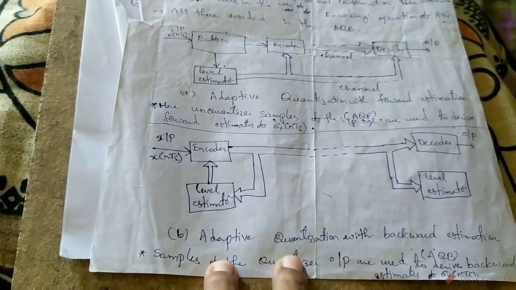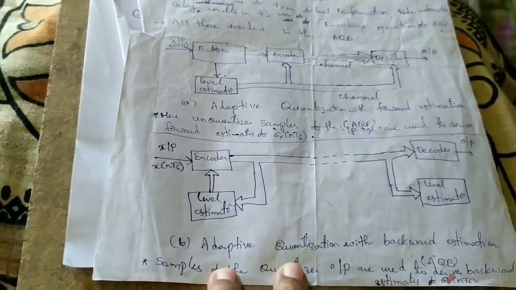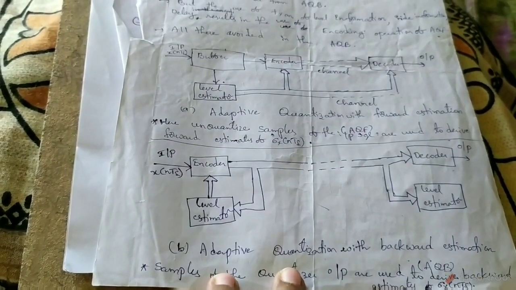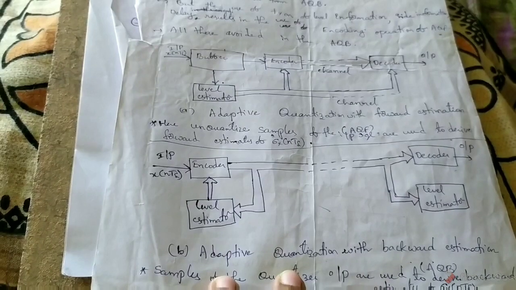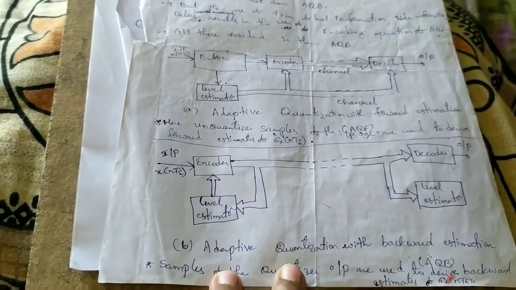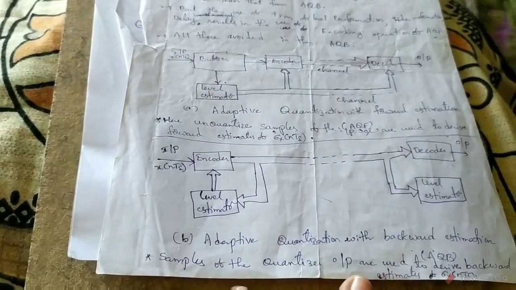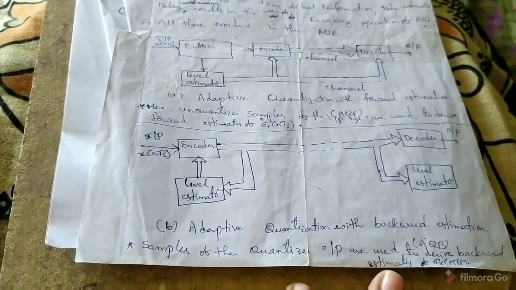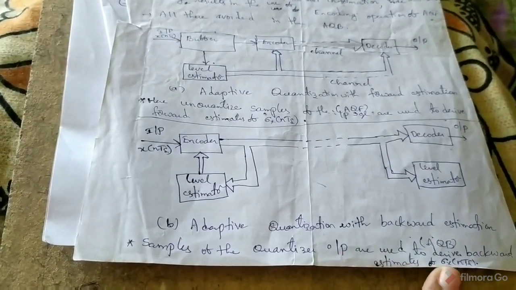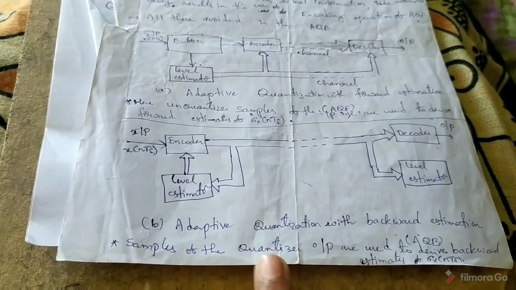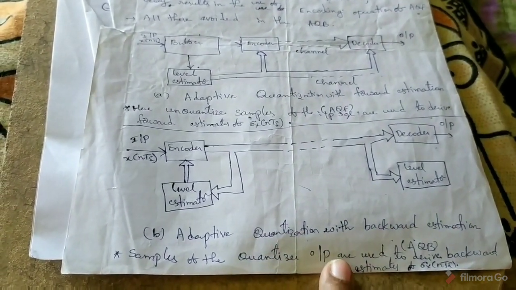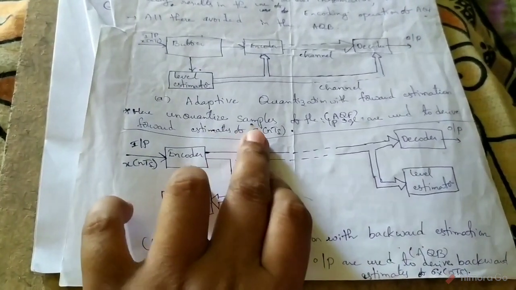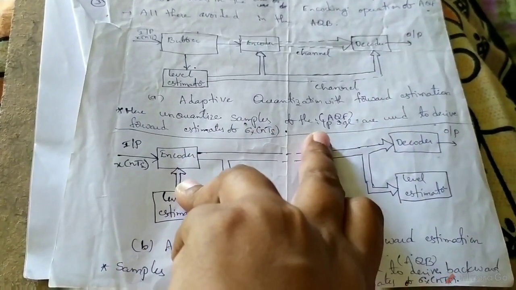Adaptive quantization with backward estimation: samples of the quantizer output are used to derive the backward estimation of delta(nTs). So here samples of the quantizer output are used, and there unquantized input signal samples are used.